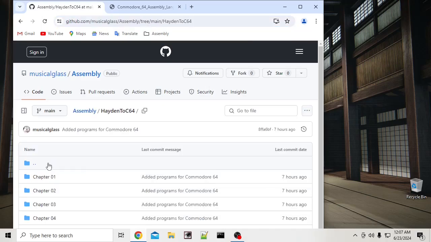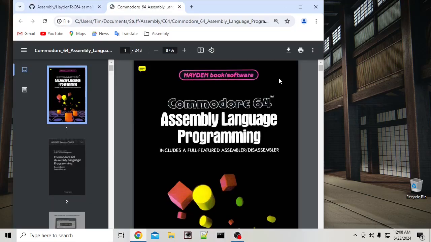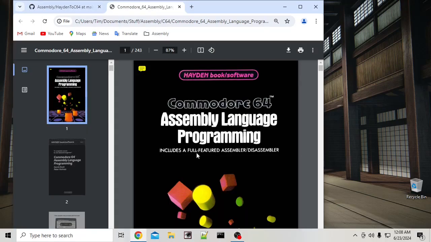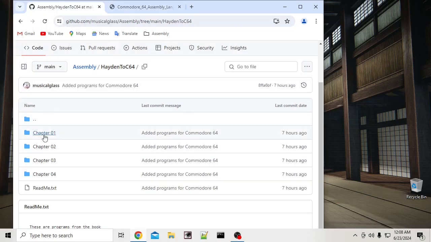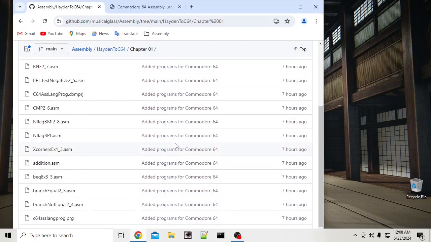I posted my further work because I was going through the book, as you recall, Commodore 64 Assembly programming language with the Hayden Assembler, and it uses a proprietary language, right? Its own flavor of assembly, right? So a lot of stuff here is where I took the programming examples out of there and translated them to normal assembly for the Commodore 64.